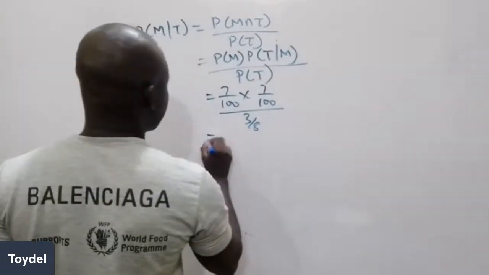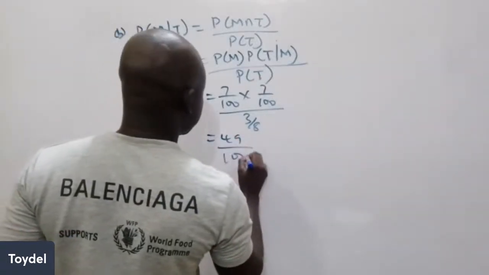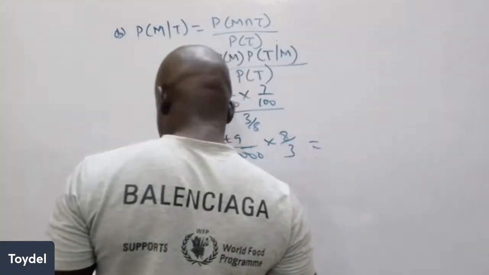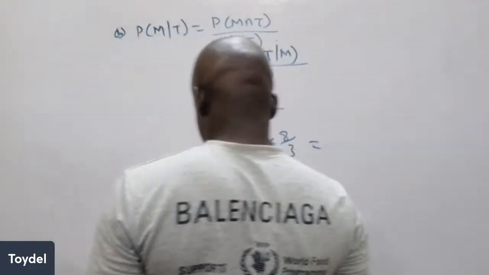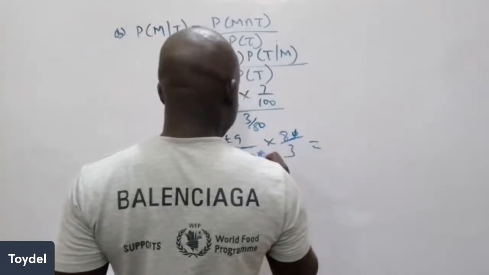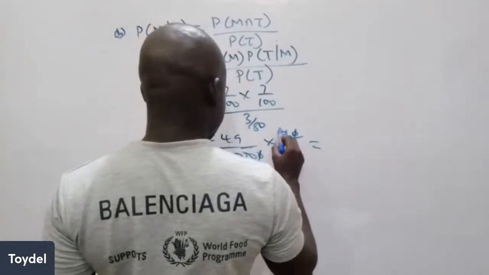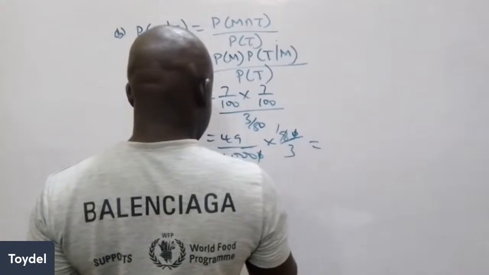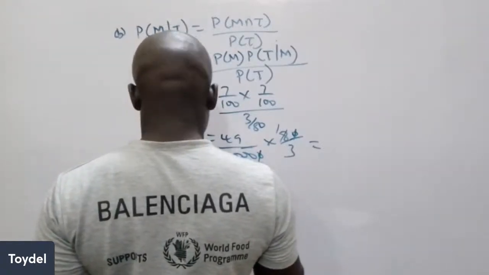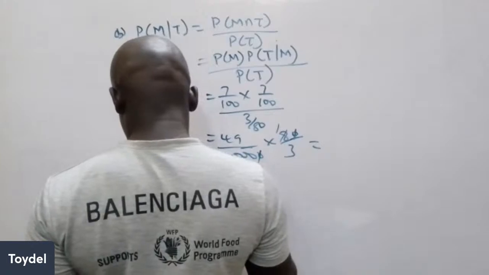Then here, we are going to have 49 all over 1000 multiplied by 80 all over 3. So if we do that correctly, we are going to have this over 80. This will cancel this.